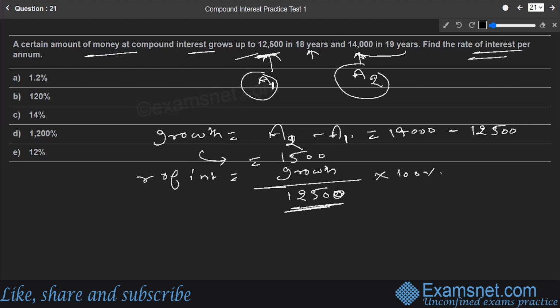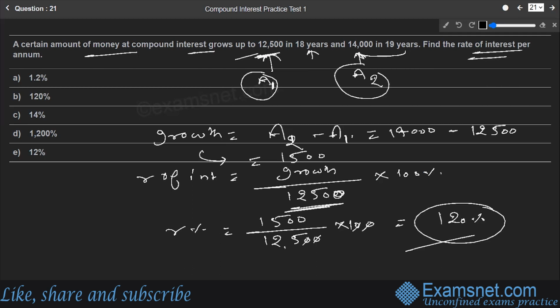So the rate of interest can be calculated: the growth value is 1,500, and this 1,500 growth has been achieved over a value of 12,500. So we need to solve this, multiplied by 100%. If we solve this, it actually comes out to be 120% of growth, or the rate of interest is nothing but 120%, available in option number B, and is the right answer.